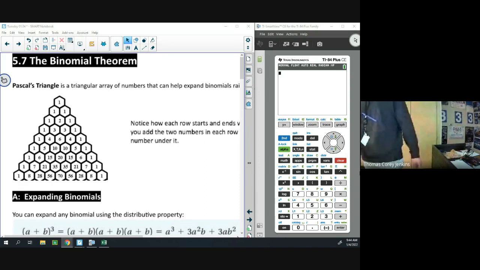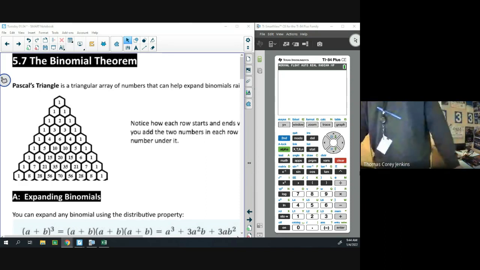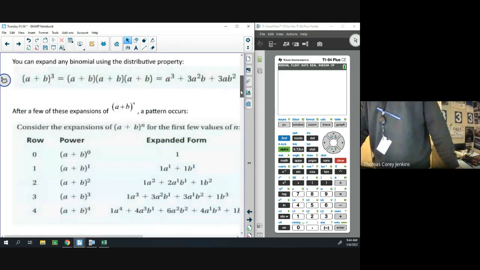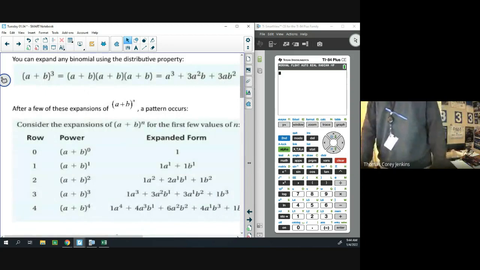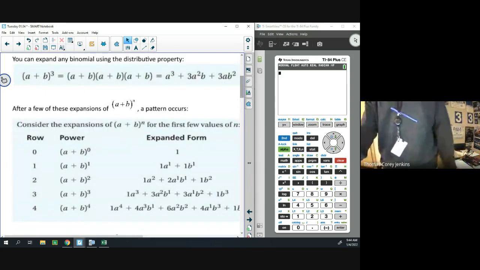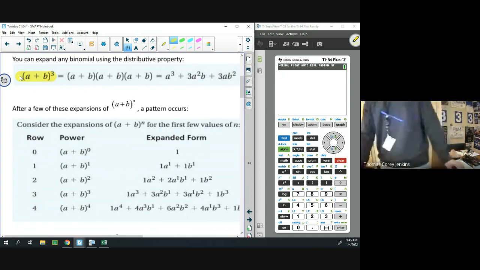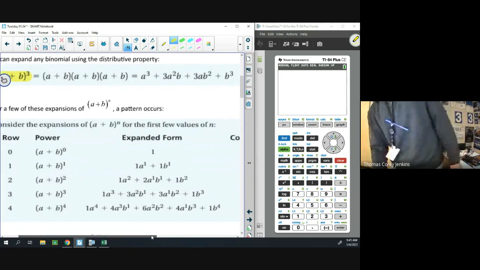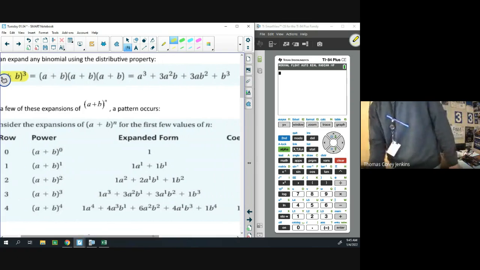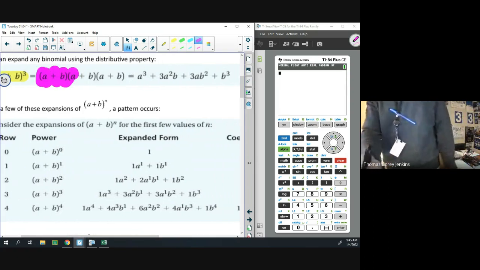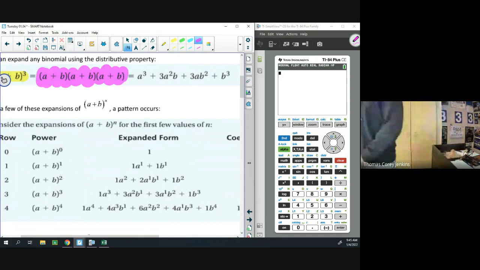Okay, so we're going to learn a shortcut to do something like what we see on our screen right here, (a + b)^3, right? If I told you to simplify that right now, there is no shortcut, so you would just have to take (a + b) times (a + b), and whatever that is times another (a + b).